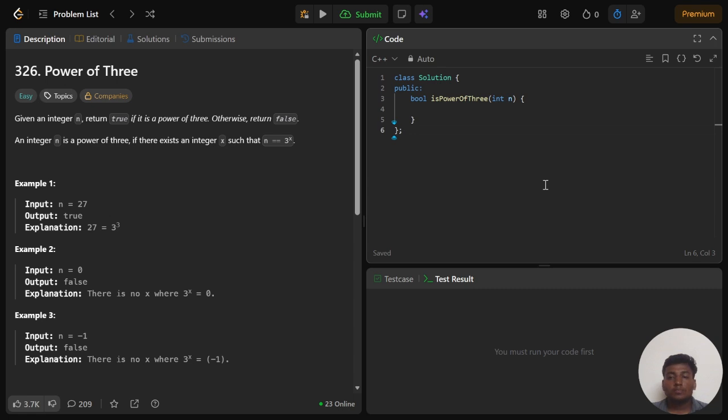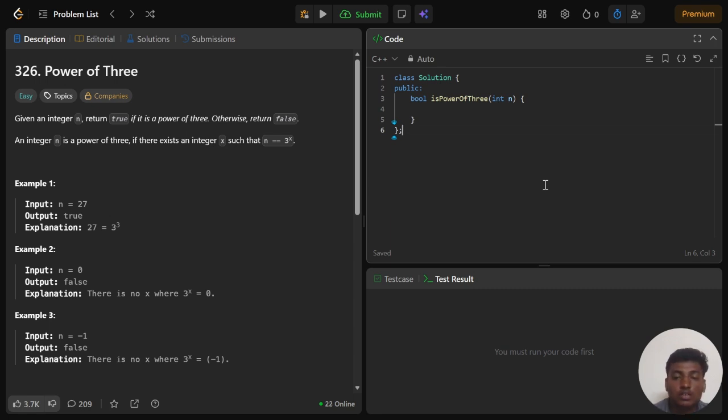The largest power of 3 that fits into a 32-bit integer is 3 raised to 19.